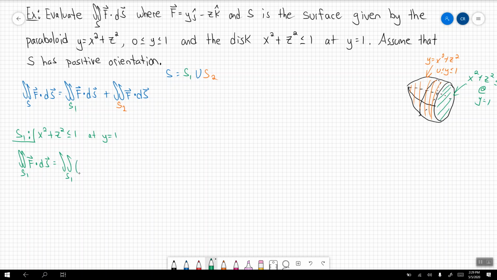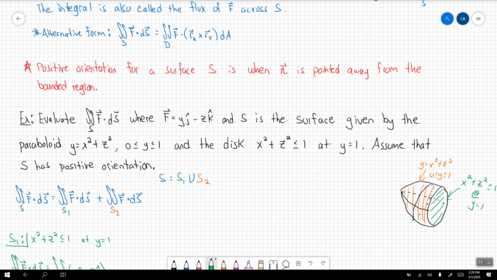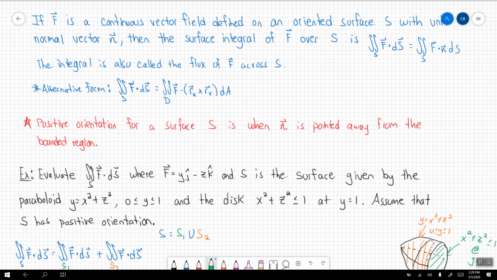Now, the vector field that we're looking at is this vector field right up here, so that's going to be y in the j component minus z in the k component, and we need to dot this. We need to find the dot product between this vector field and the normal vector to that specific surface. That's according to the definition that we have right over here.